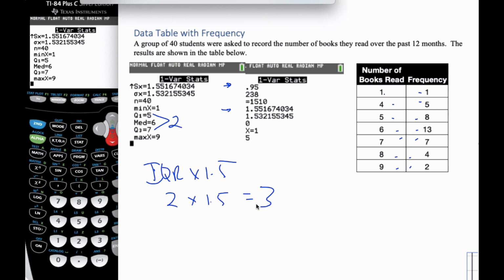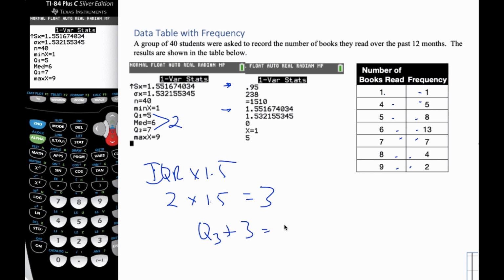If you don't believe me, 2 times 1.5 is equal to 3. And so then I'm going to go Q3 to find my upper boundary, Q3 plus 3, which is going to be 10. And my lower boundary is Q1 minus 3, which is going to be 5 take away 3 is 2.